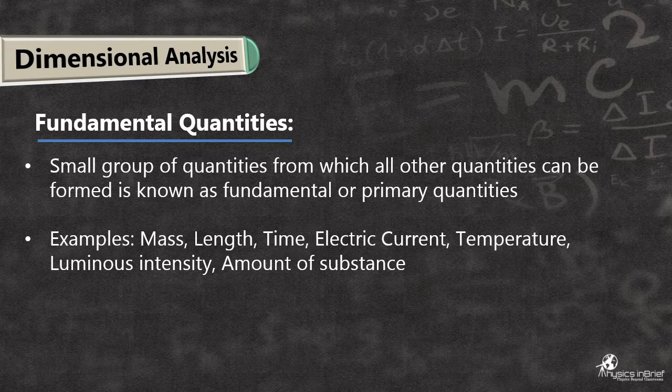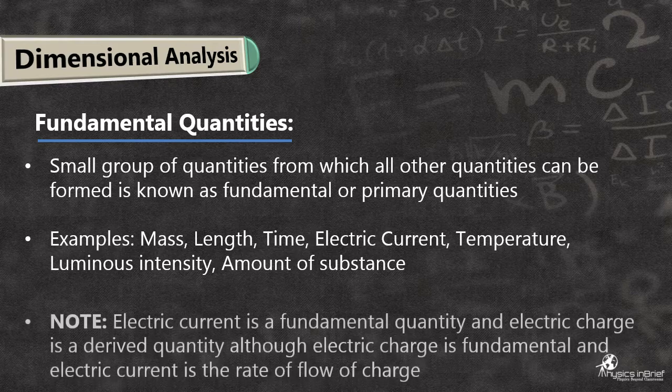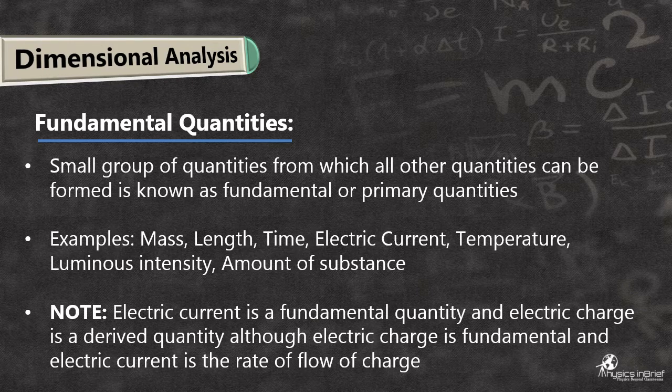Examples: mass, length, time, electric current, temperature, luminous intensity and amount of substance. Note that electric current is a fundamental quantity, and electric charge is a derived quantity, although electric charge is fundamental, and electric current is the rate of flow of charge.